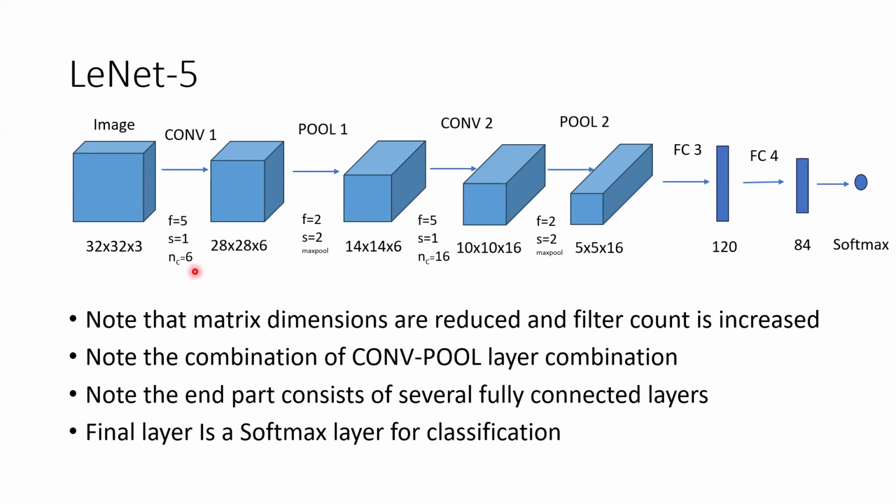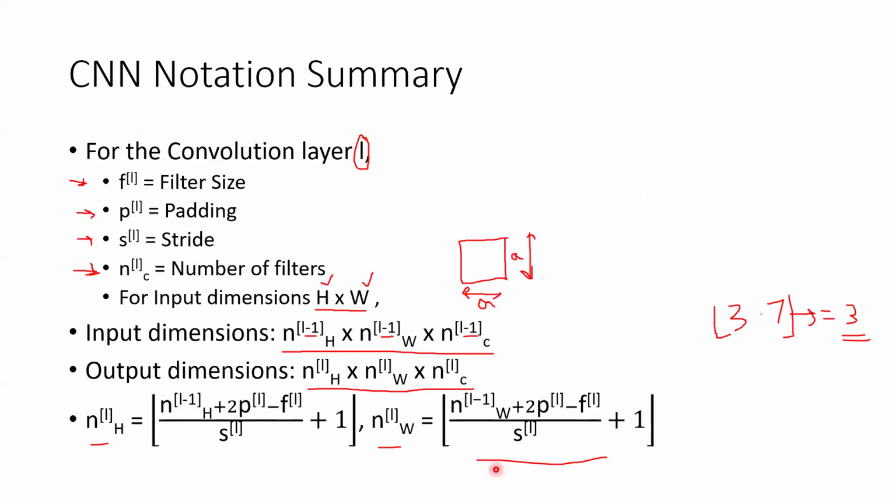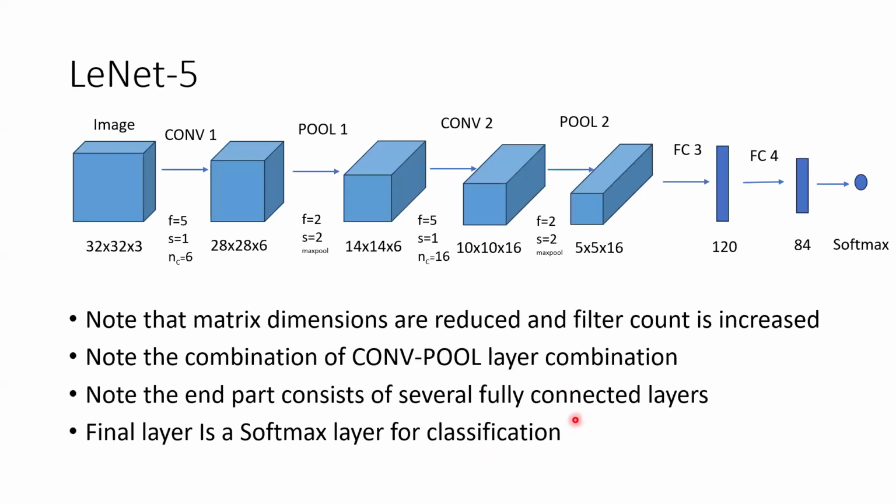Using the earlier equation, you can find the dimensions of the resultant matrix. Here it was 32 by 32, and the depth was 3. Now we apply 6 filters, so the depth would definitely be 6.